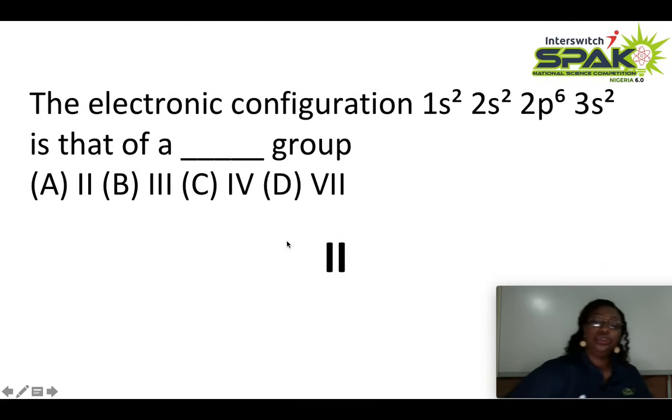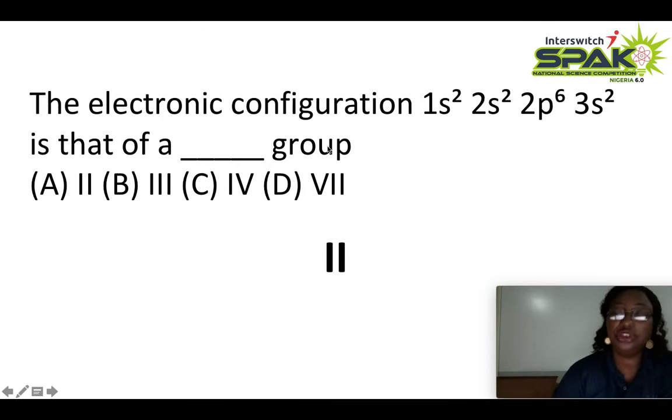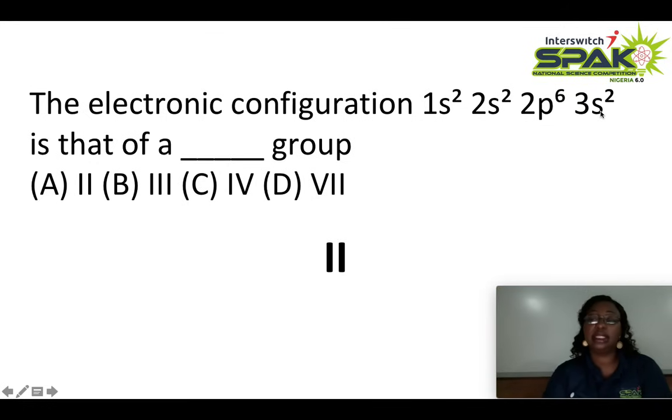And how do you do that? Looking at the electronic configuration shows a whole lot of things to us. One, because it ends with s, it's telling us that this particular element is in the s block.